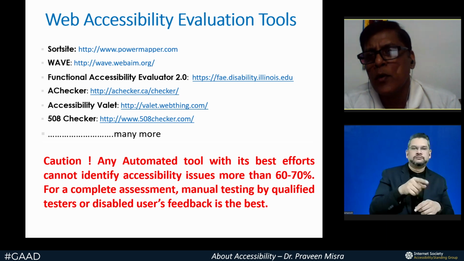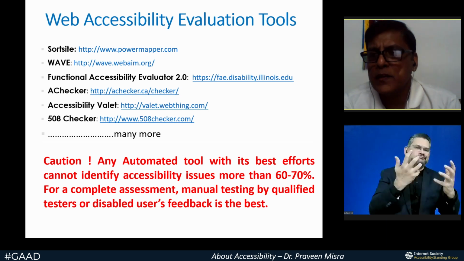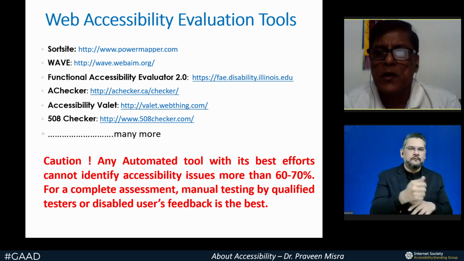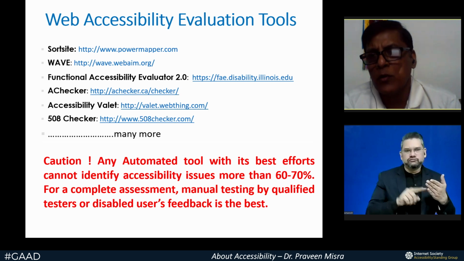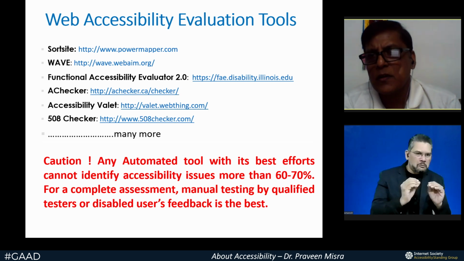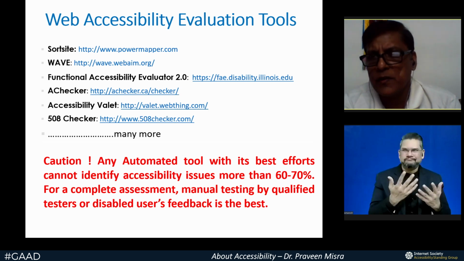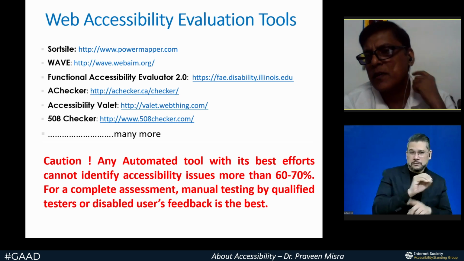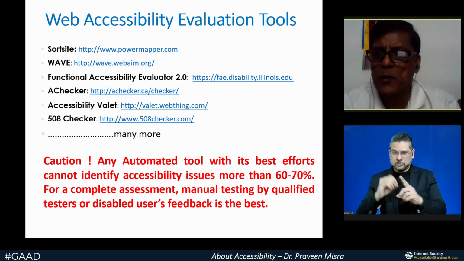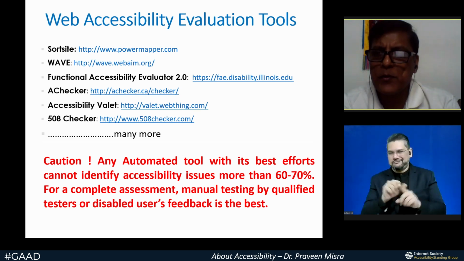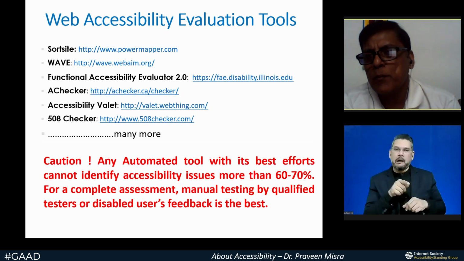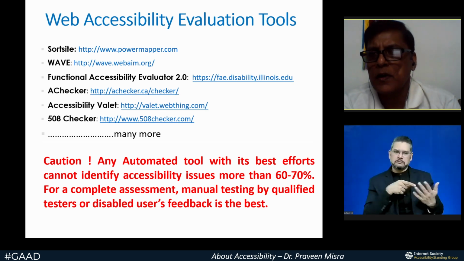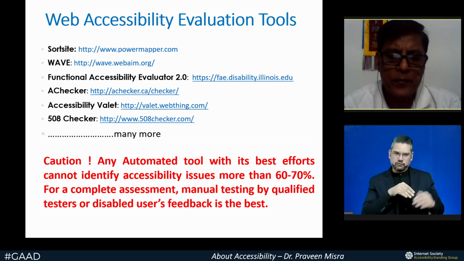If you run them on your website, they give you a decent insight into whether your contents are accessible or not. Up to at least 40 to 60% is the range that these tools are able to capture. So it gives you a glimpse of the percentage, or probably I would say the readiness of your website for accessibility.